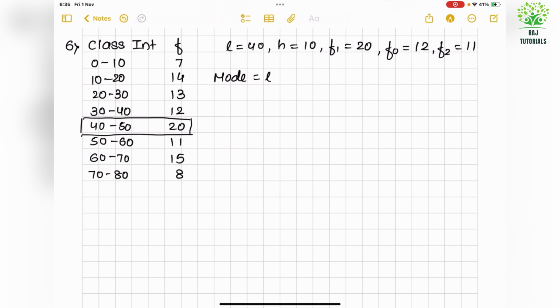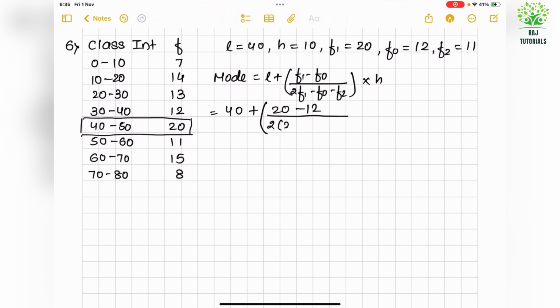So mode equal to L plus (F1 minus F0) upon (2F1 minus F0 minus F2) into H. So that is 40 plus (20 minus 12) upon (2 into 20 minus 12 minus 11) into 10.